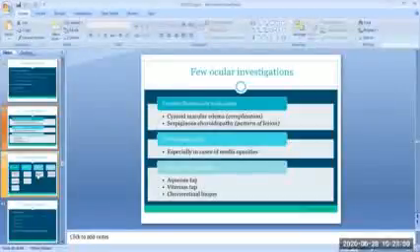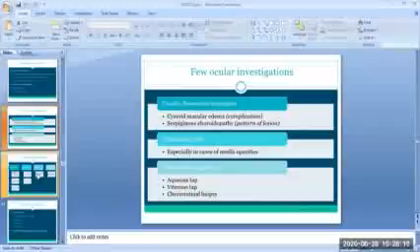And next, there can be ultrasonography, especially in cases of media opacity. And ocular tissue analysis should be done by the aqueous tap, vitreous tap, or chorioretinal biopsy.